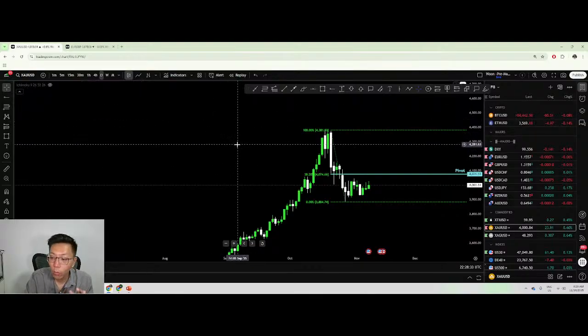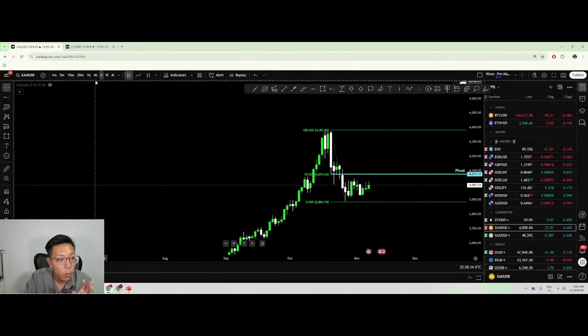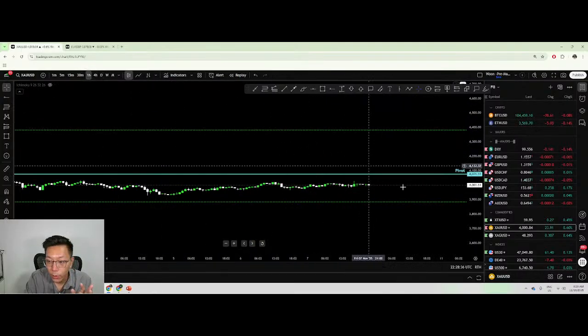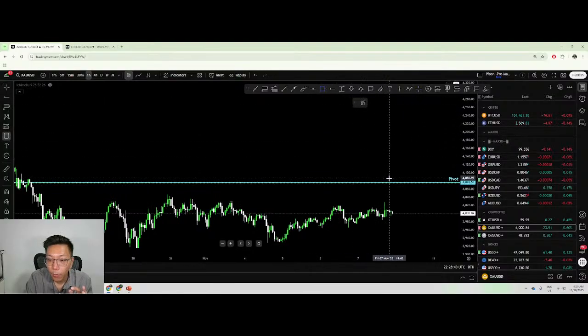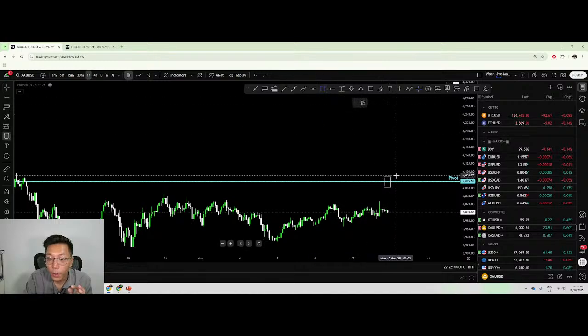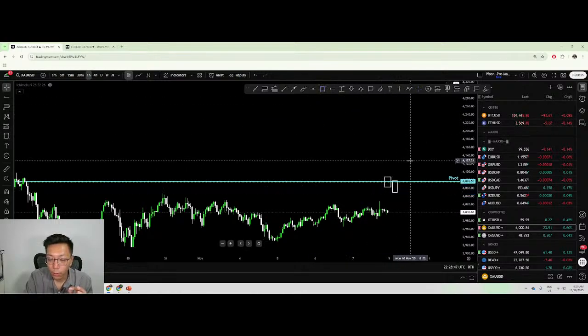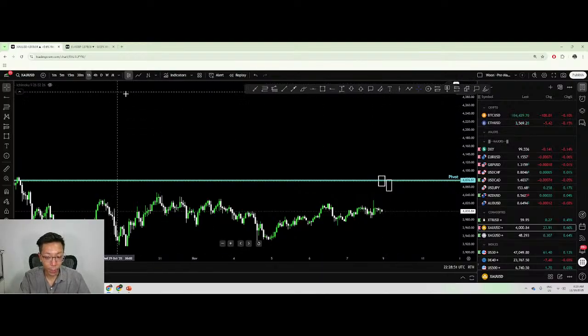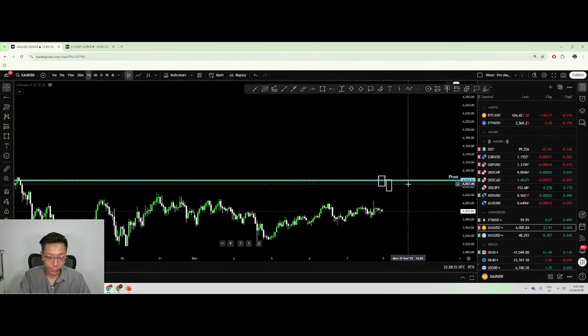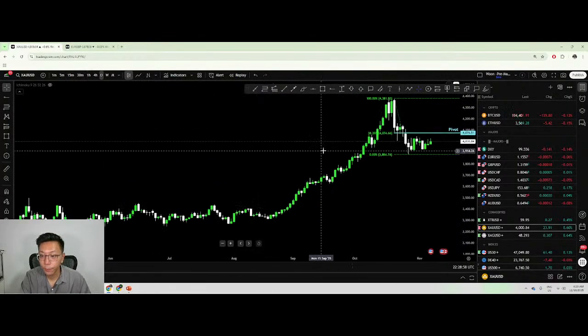I think H4 will be a bit too much, but on H1, what you want to see is for price to close below, then form another bearish candle. Then this is a confirmation right here that we can take sells.